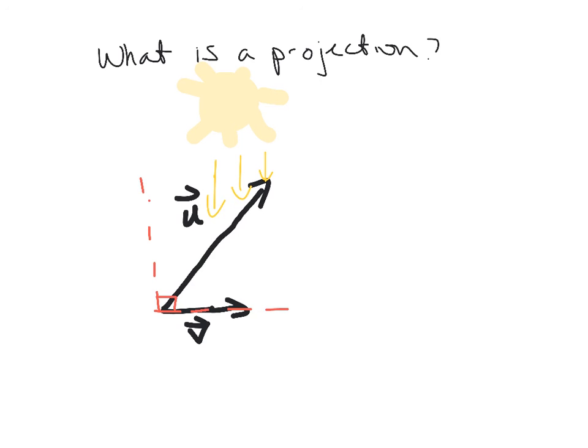And that shadow is going to look like this on V. It's going to go directly to that spot right there. And that vector that is in line with V, the length of that shadow cast by U, is the projection onto V of the vector U. That is what that vector is called.